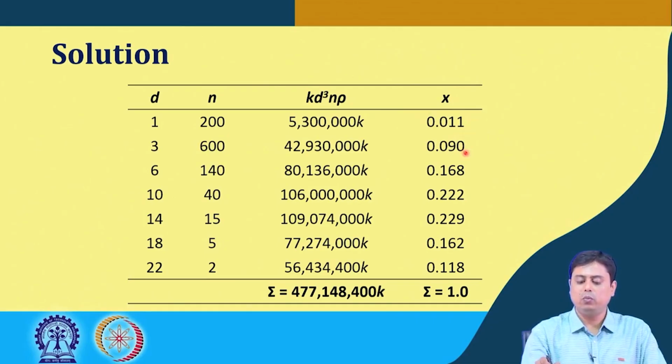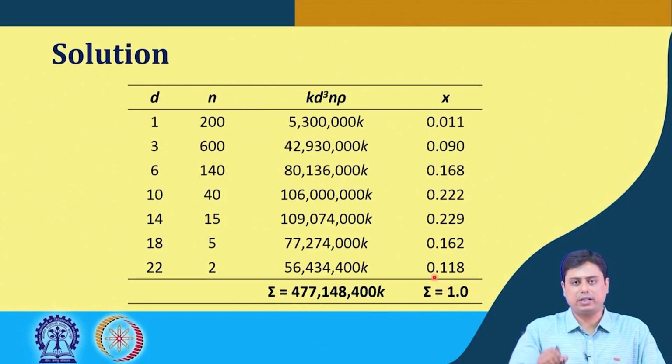Similarly we find all the fractions for all the components by dividing this value by this summation, this value divided by the summation, this value divided by this gives 0.229, this value divided by this gives this value, and we will see automatically that this total x will be conserved to be 1.